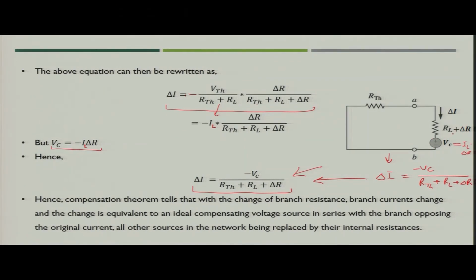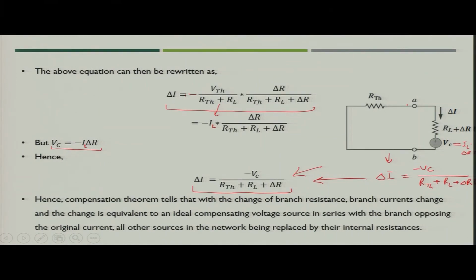In this case it was delta R. So, the value of the placed voltage source would be equal to the original current multiplied by the change in resistance, that is delta R, and at the same time we have to keep all the other voltage sources in the network off. That means that we will short circuit the voltage sources which are there in the circuit.